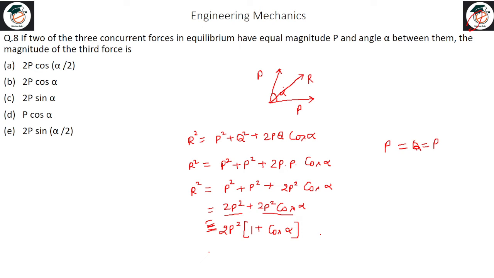When we solve this, we find R square equals 4P square cos square alpha by 2, so the value of R is 2P cos alpha by 2.